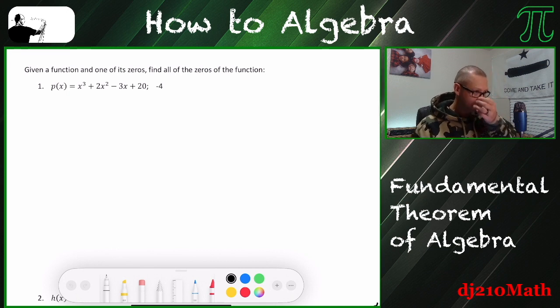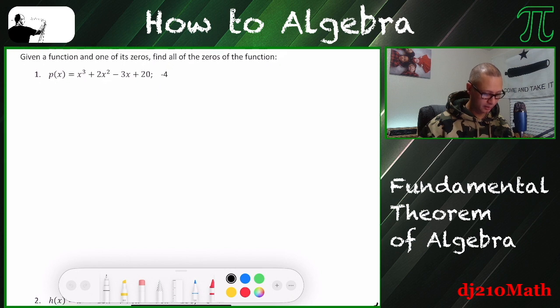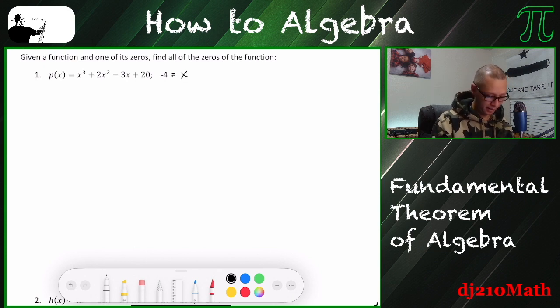Given one of its zeros, find all the zeros of the function. They're telling us that negative 4 is a root. That means x is equal to negative 4, which means that negative 4 is what goes in the synthetic division box.